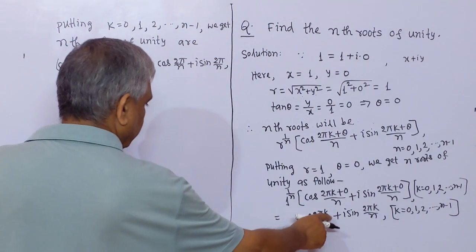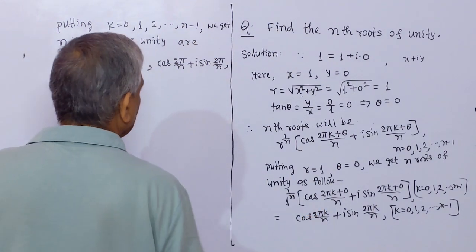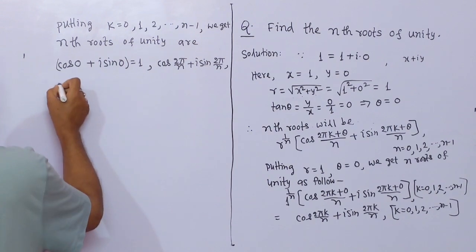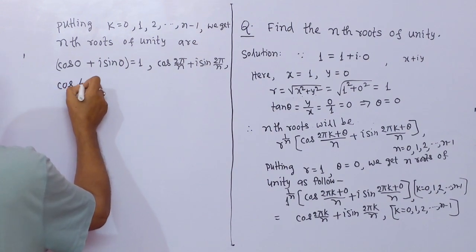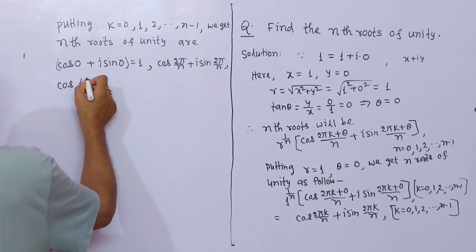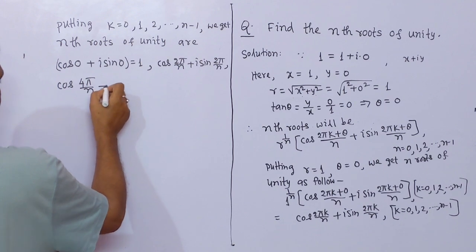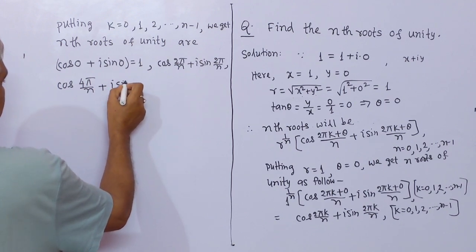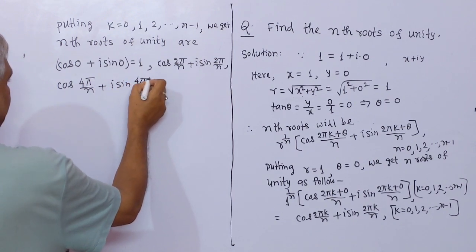When k equal to 2, we get cos 4 pi by n plus i sin 4 pi by n.